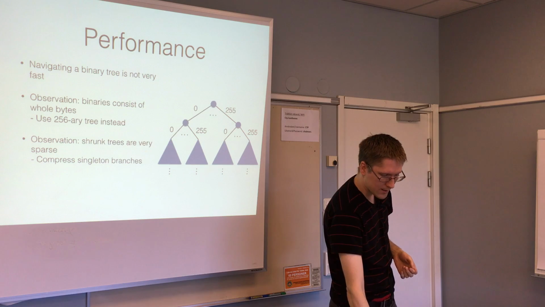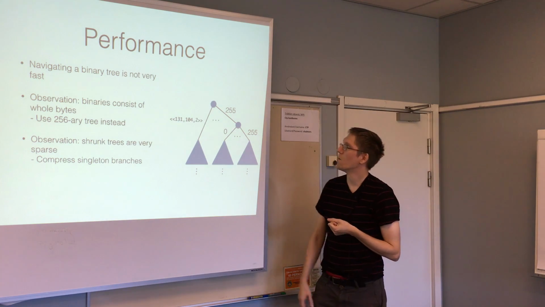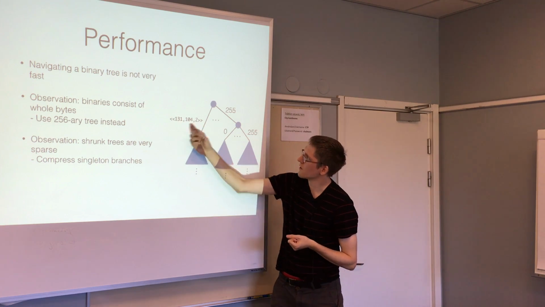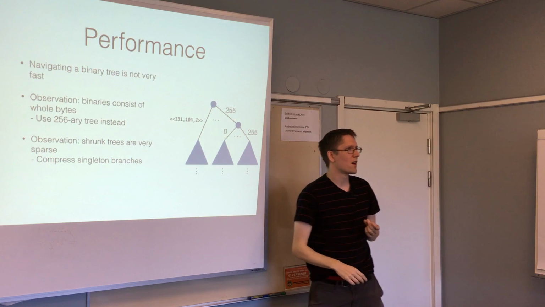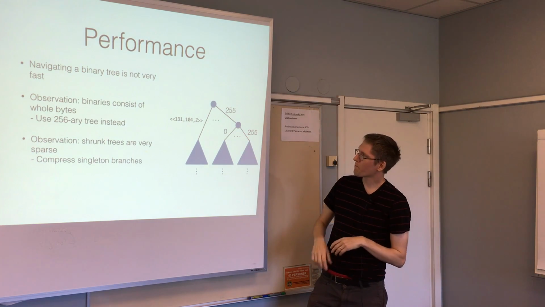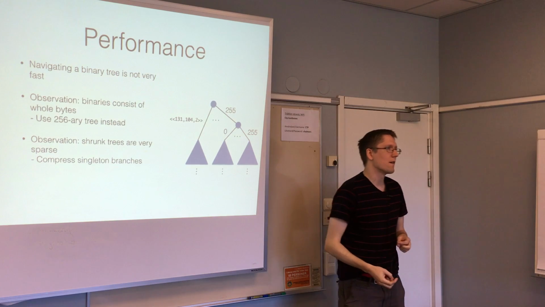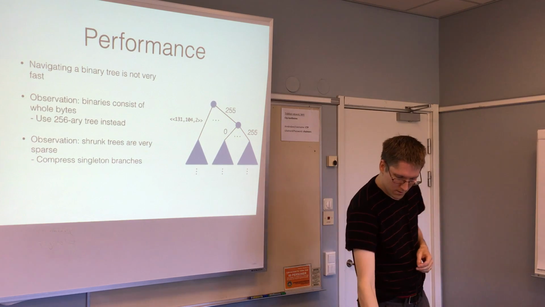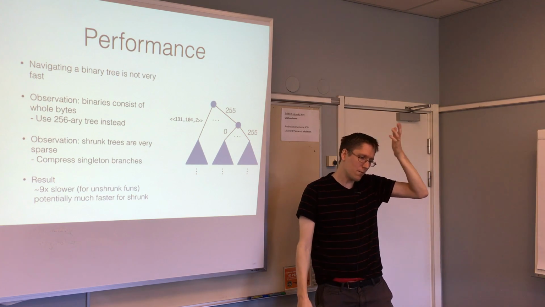If you just compress branches like that, and just do a single branch for this binary, then that saves a lot of time as well. And then the result is pretty good, I think.